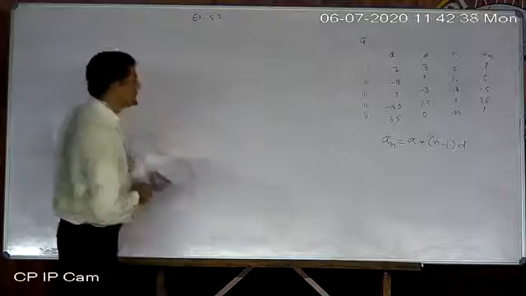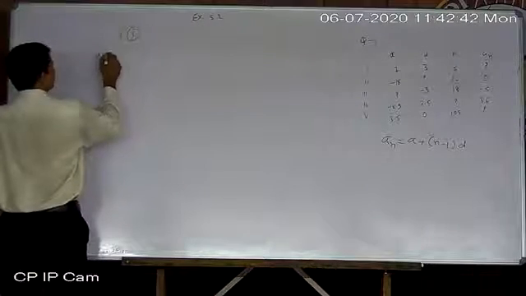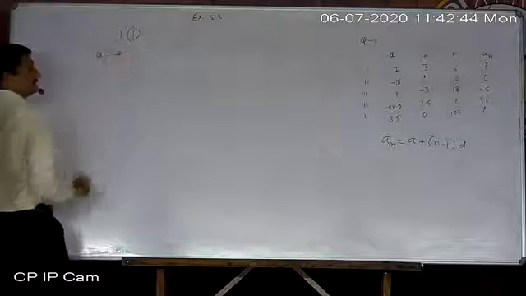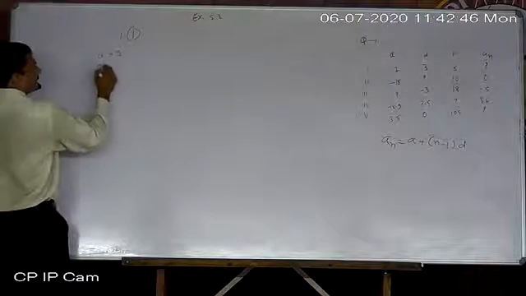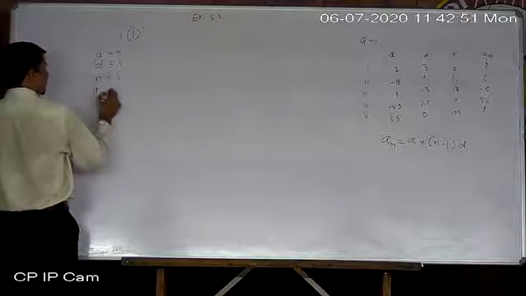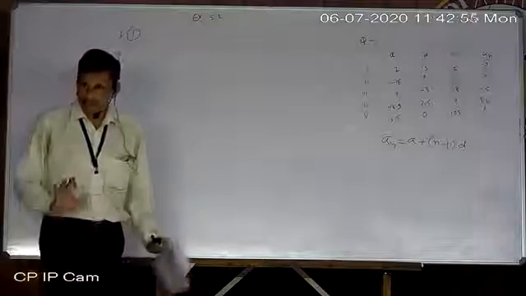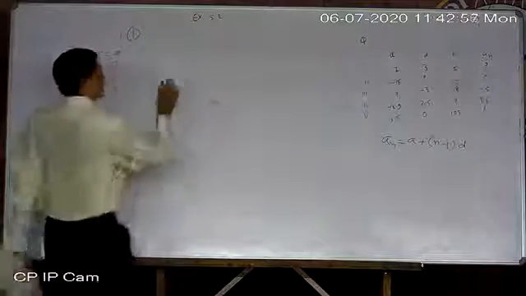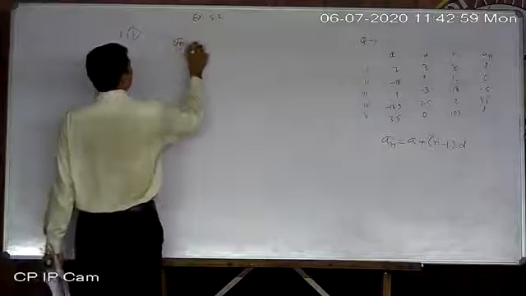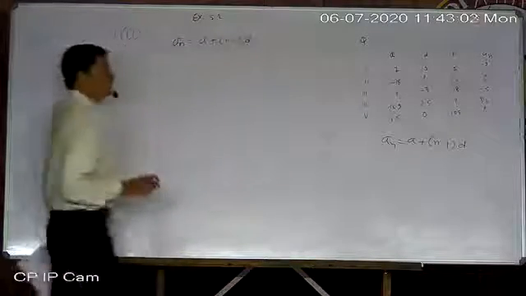So first of all, write down the list of what is given. Suppose I am doing the first one: a is given, d is given, n is given, an is not given. That is my given list. Now write down the formula: an equal to a plus (n minus 1) d.